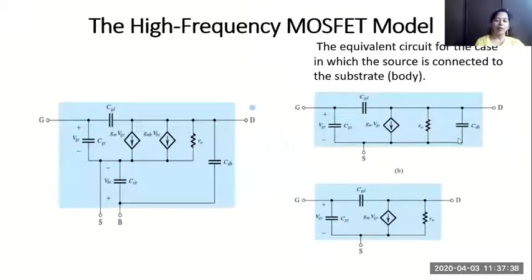So the drain to body capacitance is very small, so we have removed it from the circuit. The rest of the circuit is there as it is. So don't you think this is quite simple now? This is a very simple model which can be used for our further analysis. So this is our high frequency MOSFET model.